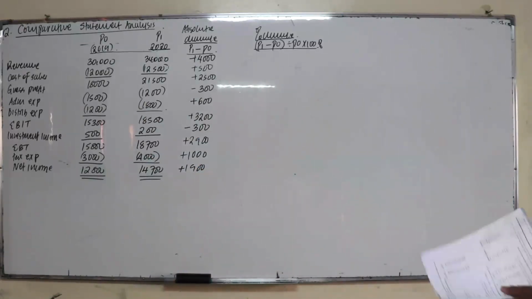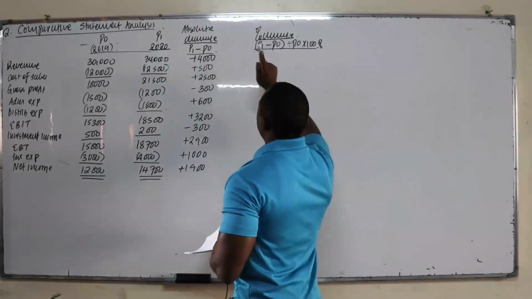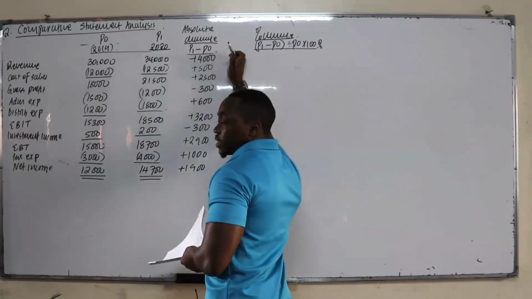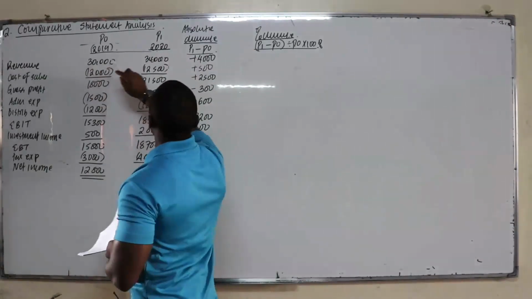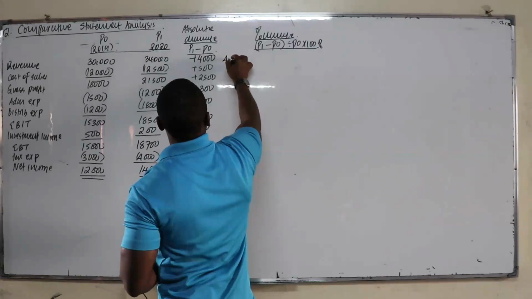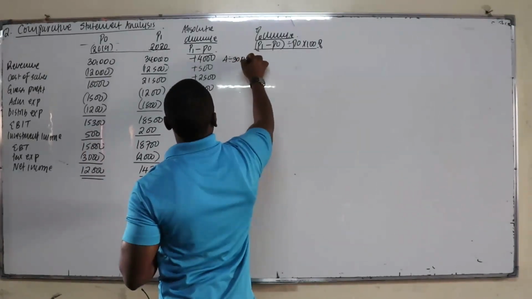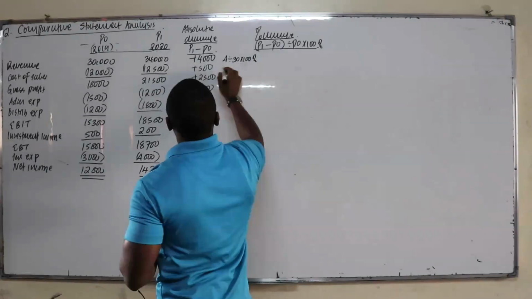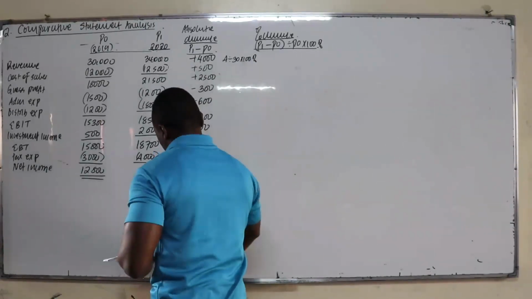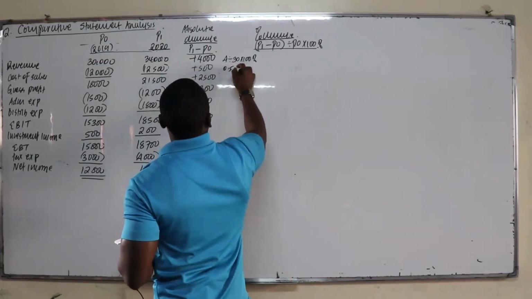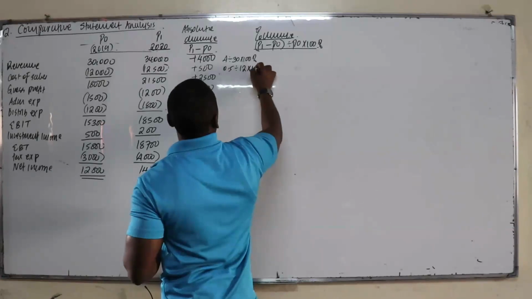Now, once we have that, let's get the percentage change. You take P1 minus P0, that's our change, 4,000. Then you divide by the base case, which is 30,000. So you take 4,000, divide by 30,000, times 100. The second one, you take 500 or 0.5, divide by the base case, which was 12, then multiply by 100.